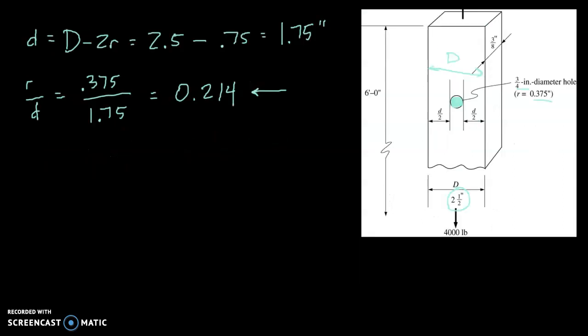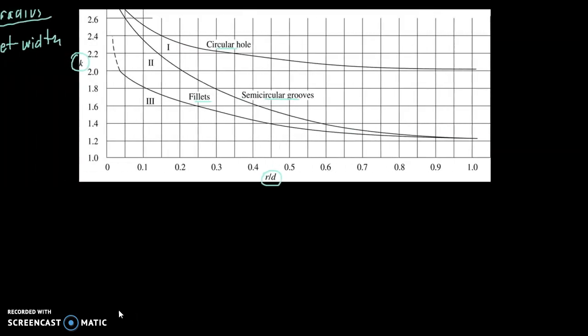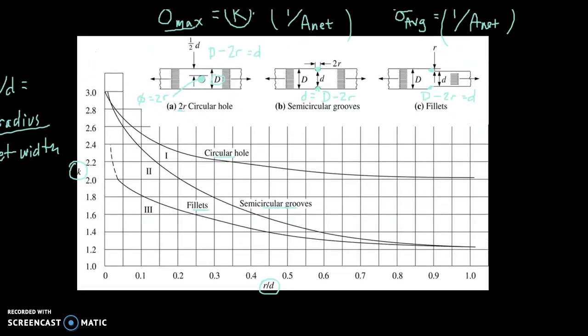What this allows us to do is then refer to this chart from the book. Okay, and let me switch colors here. Maybe a color that will show up better on this white background. And so our R over D was 0.214. So here's 0.2.